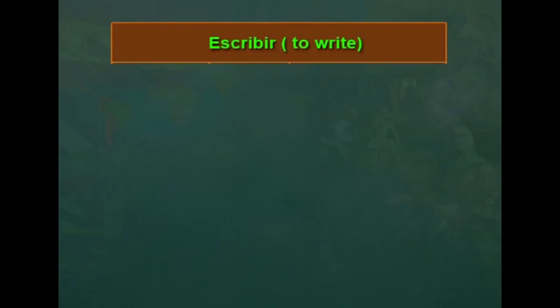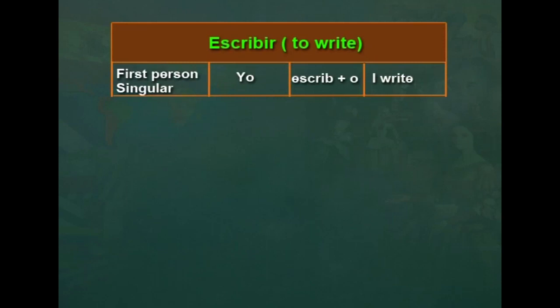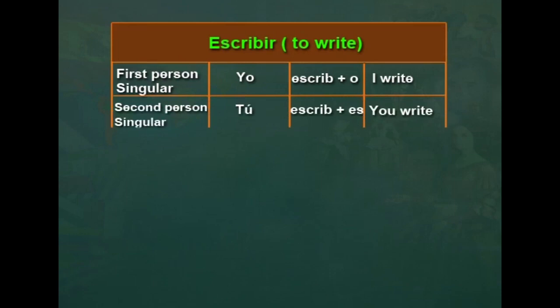Now, let us look at the conjugation and the suffix endings of the IR verbs. I am going to take the example of escribir, which is to write. First person, yo escribo, I write. Second person singular, tú escribes, you write. Remember that the second person, when we say tú, is informal, and we use usted for formal conversation.